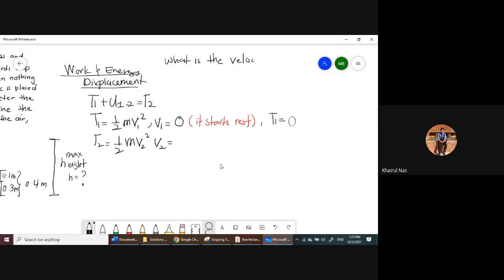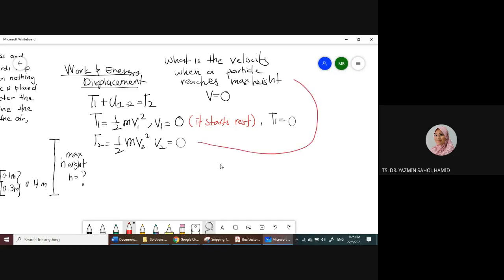The velocity is also equal to 0. So V2 is also 0, because it reaches the maximum height. Due to this, T2 is also equal to 0.